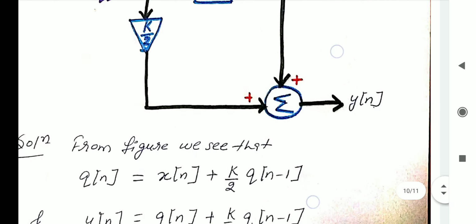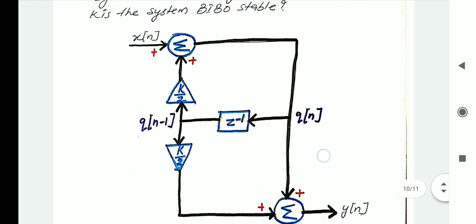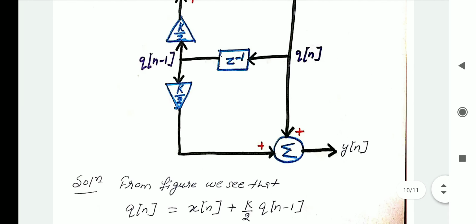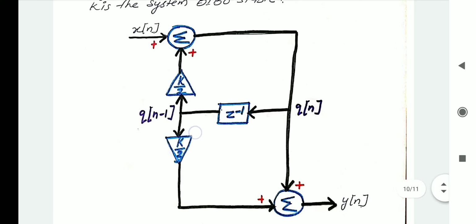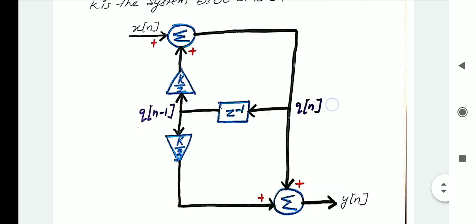Now from the figure given to us, we can write the expression. Here we are considering q(n) as the first intermediate signal, and if it is given to a time delay block, it will be q(n-1). If here it is q(n), here it will definitely be q(n-1).